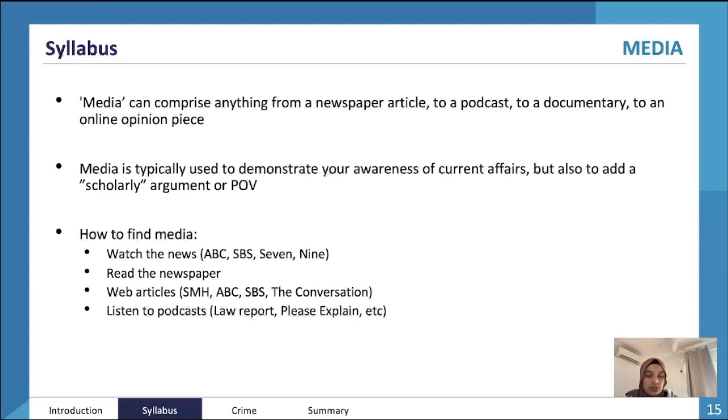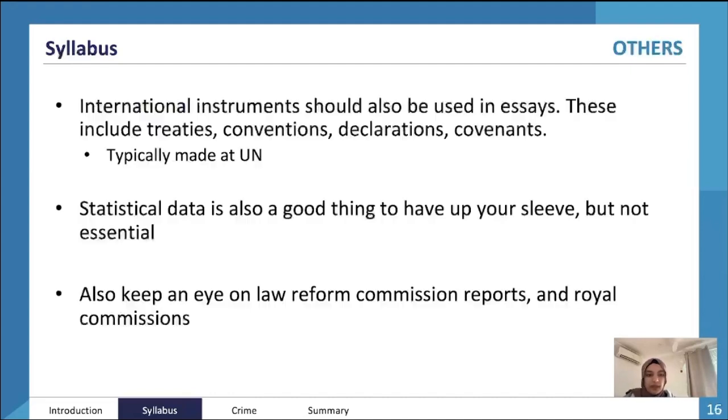Essentially, just make sure that you are aware of what's happening currently within the law, what changes are being made, if there are any reforms being made. And if you're doing subjects like world order or human rights, obviously human rights everyone's doing, but if you're doing the option of world order, just keep up to date with the news that's going on around the world in terms of the law, the UN, etc.